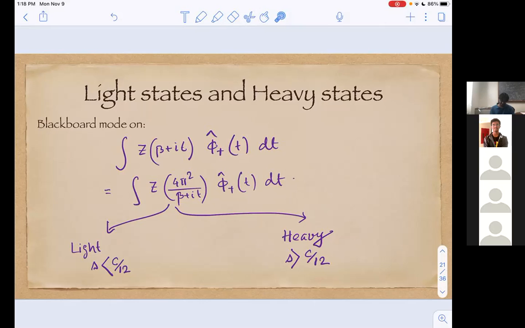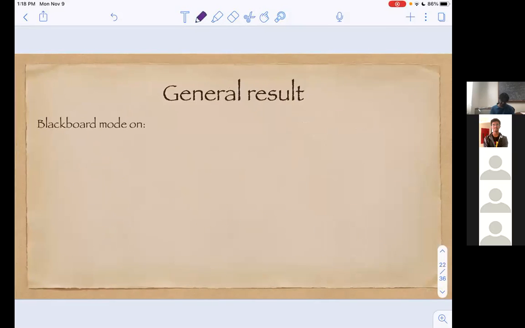So for the light part, I can approximate it as pi squared c over 6 beta plus it, and then I have to do this integral, z L phi hat plus t dt.